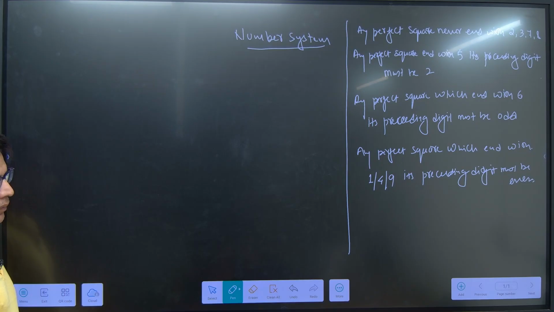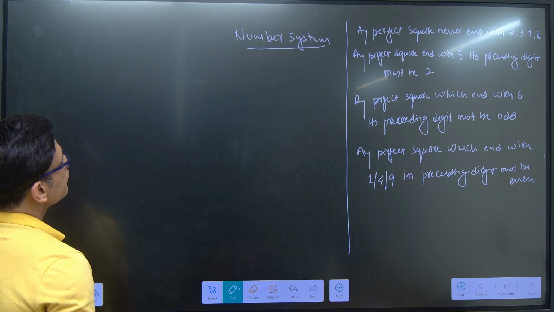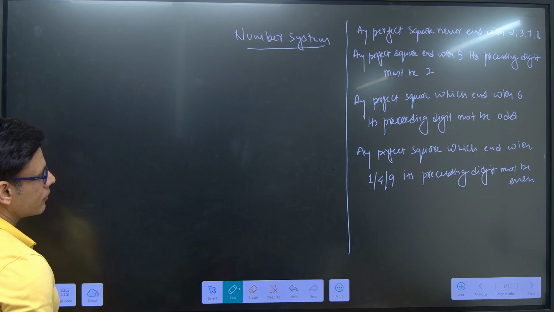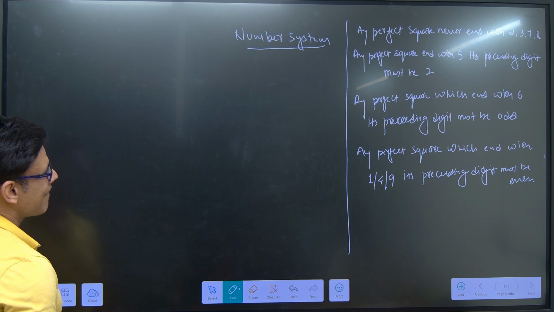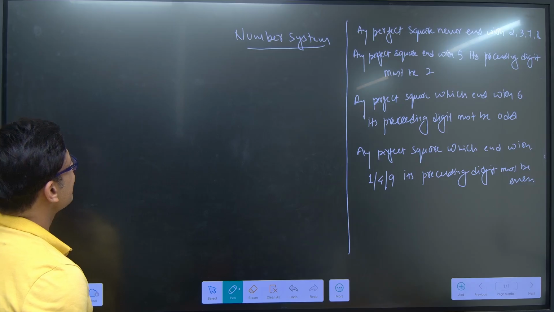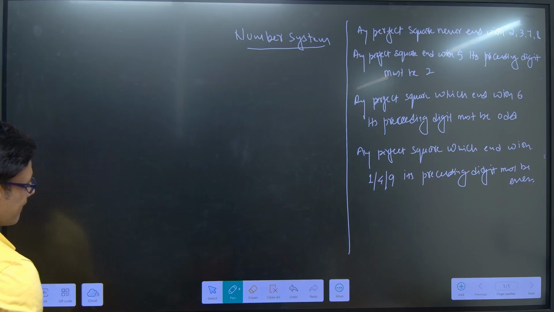If there is any perfect square ending with 1, 4 or 9, the preceding digit has to be an even number.